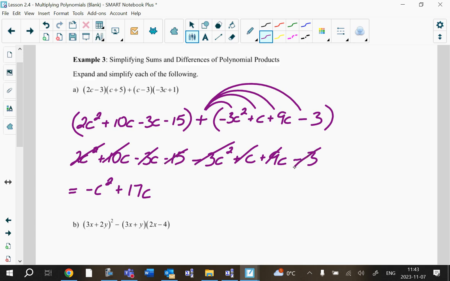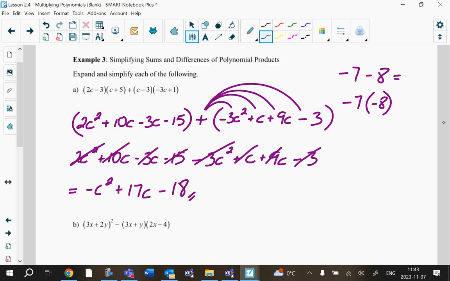Let's try negative 18. Remember, you guys, and I'm doing this with my 9s right now, it happens all the time. There's a big difference between these two.